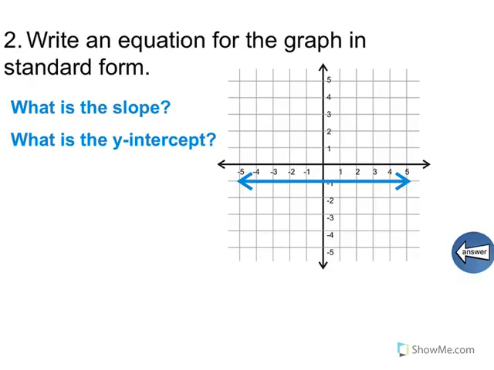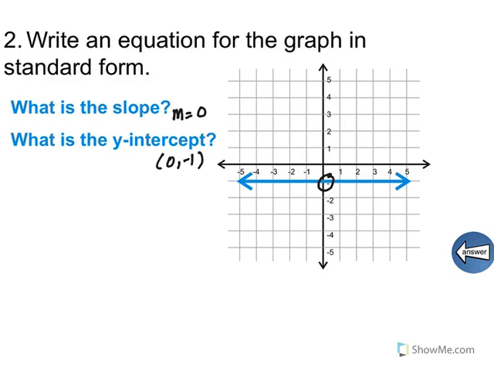Now we're writing an equation for a graph in standard form. This makes it a little bit easier for us because the slope of all horizontal lines is 0. The y-intercept, where it crosses the y-axis, is at 0, -1.